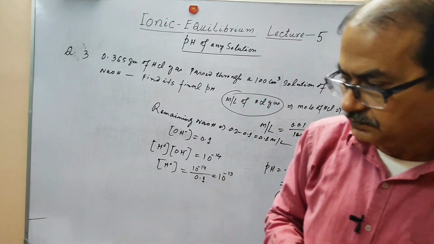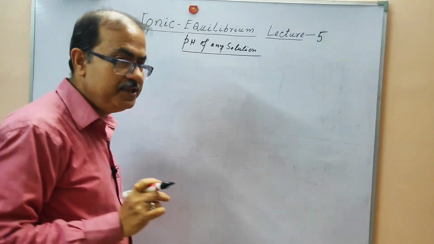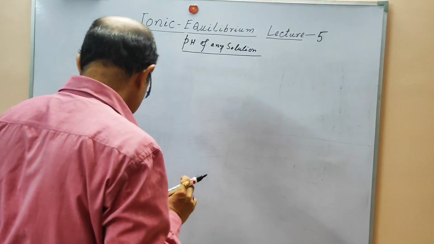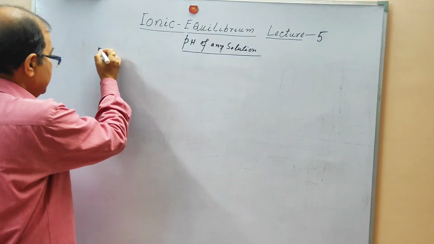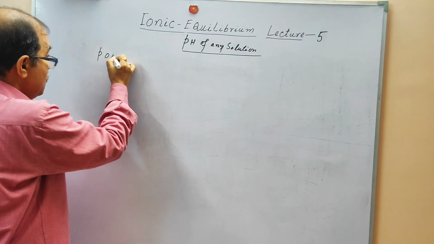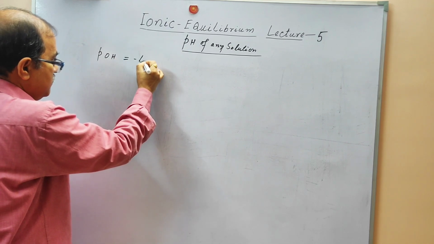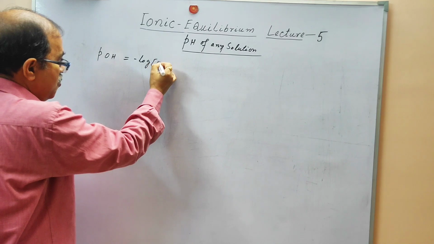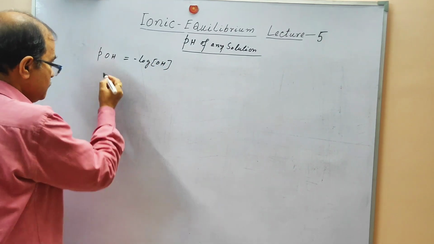Okay? A very important relationship that we are going to understand: pH is a very basic concept, and from this concept different concepts have evolved. Like that we can write pOH, basically minus log of hydroxyl ion concentration.